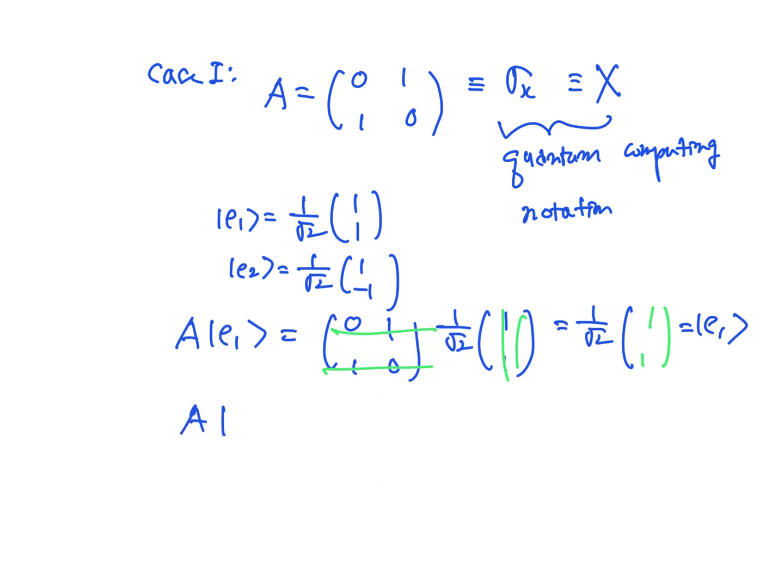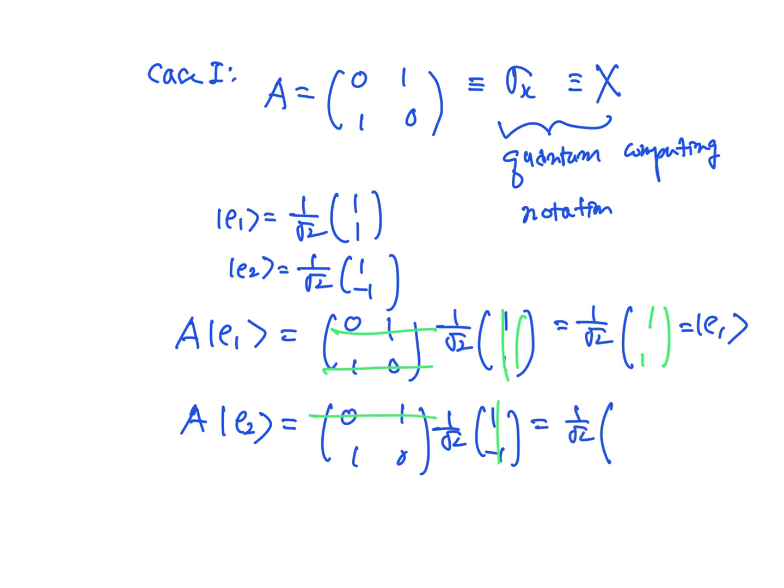Or A E2, with [1, -1]: this becomes minus [1, -1], so minus E2. So in this case, we have lambda 1 is plus 1, lambda 2 is minus 1.